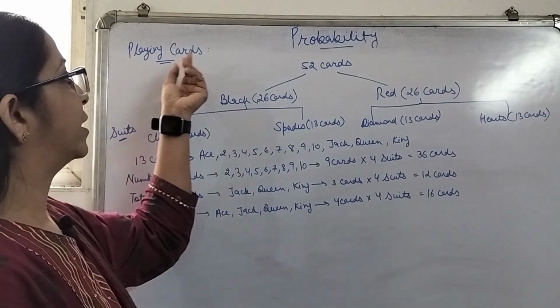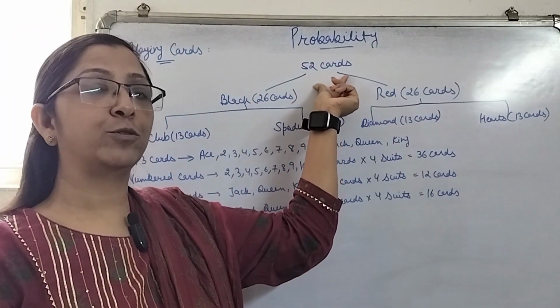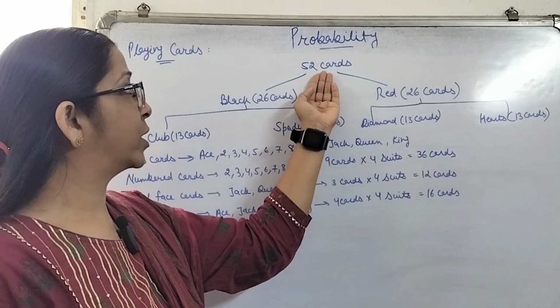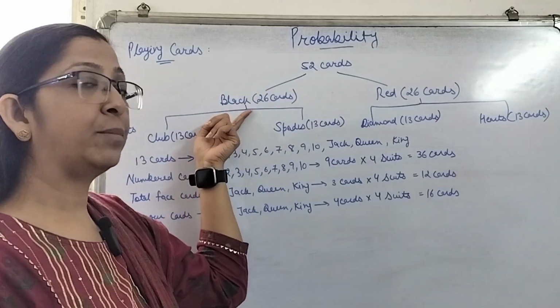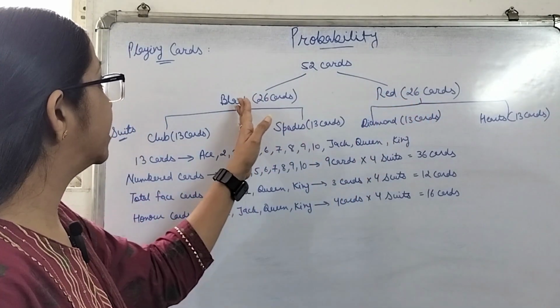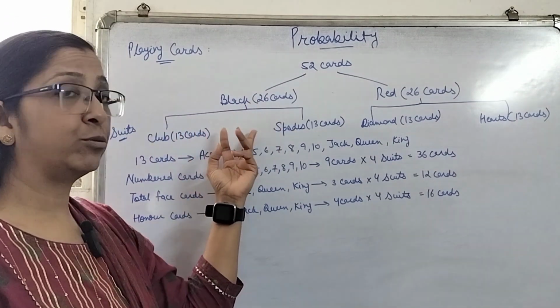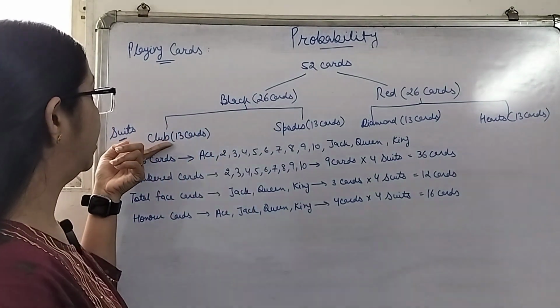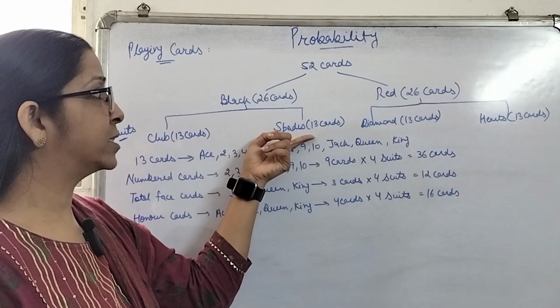In playing cards, the total number of cards is 52. Out of these 52 cards, 26 cards are black in color and 26 cards are red in color. In the black color, there are two types of suits. One is club, second is spades.